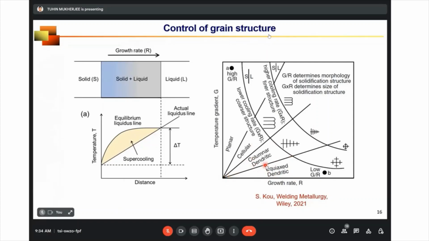There is a threshold of G by R for each alloy beyond which it forms columnar dendrite, and below which it forms equiaxed dendrite. The product of temperature gradient and solidification growth rate, GR, determines the solidification structure size. So we can calculate the cooling rate, and from it we can see how big or how small our solidification structures are.